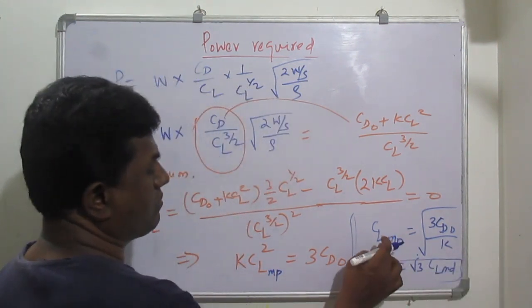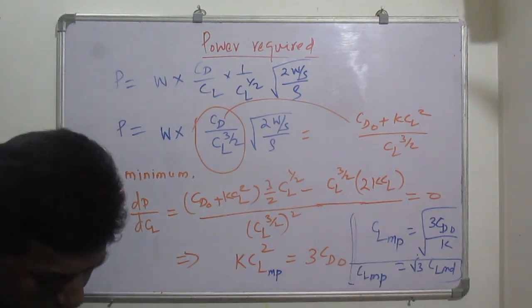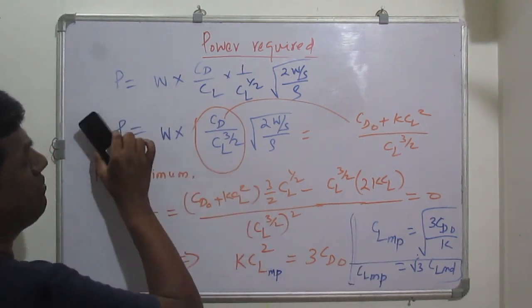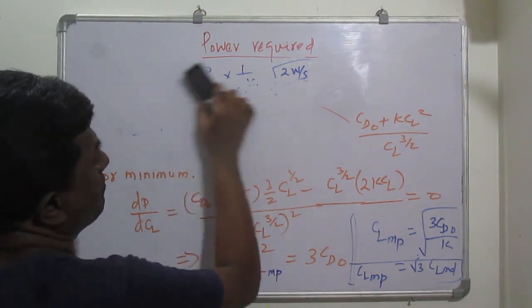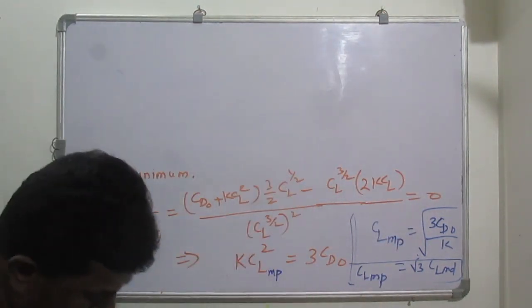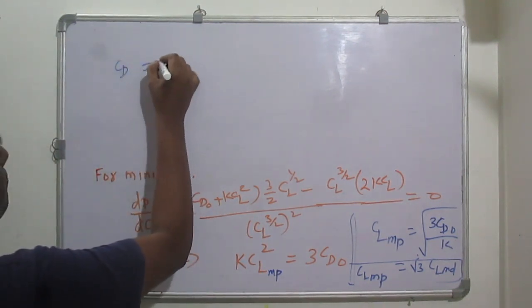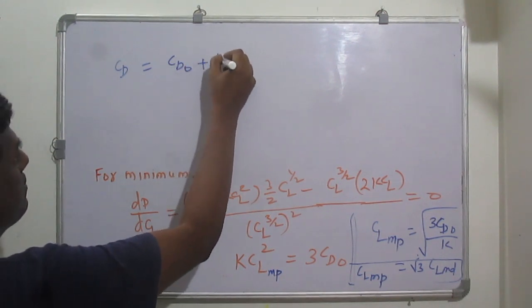Now we have the CL minimum power, and CD minimum power we can also get. We know the CD equation, CD naught plus KCL square.